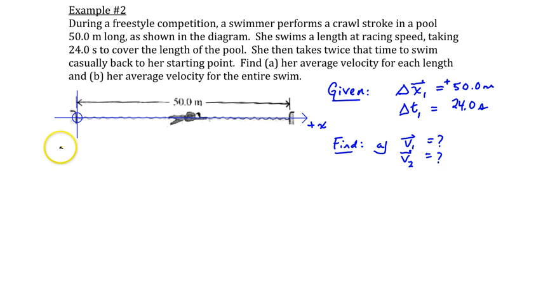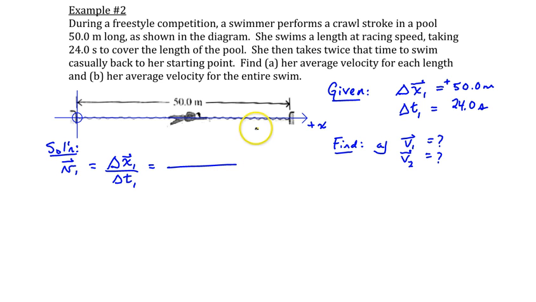Okay, in our next step, we're going to solve the problem. We have to think of the appropriate formula. You've only learned really one equation at this point. The average velocity, v sub 1, is equal to the displacement, delta x1, divided by the time interval, delta t1. Then we substitute in.